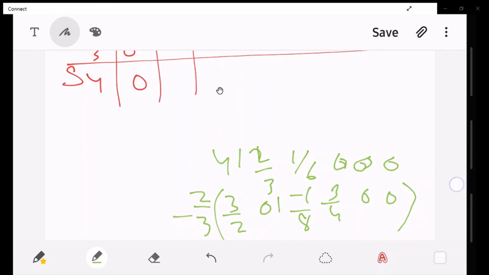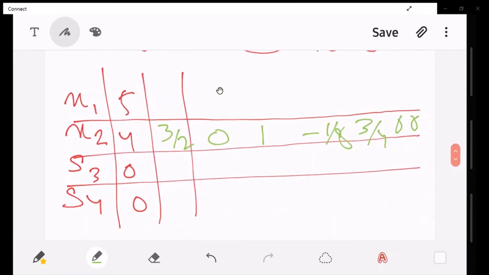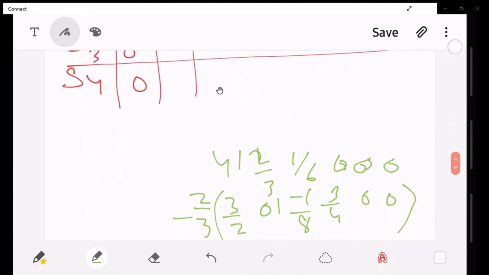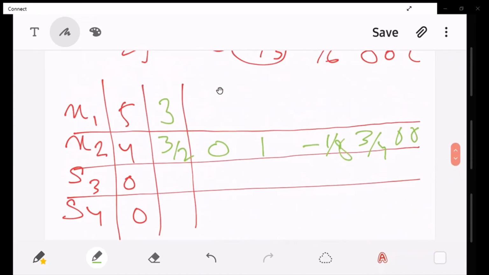So on subtracting these, we will get here as 3, 0, 0, 3 by 4, 1 by 2, then 0, 0.